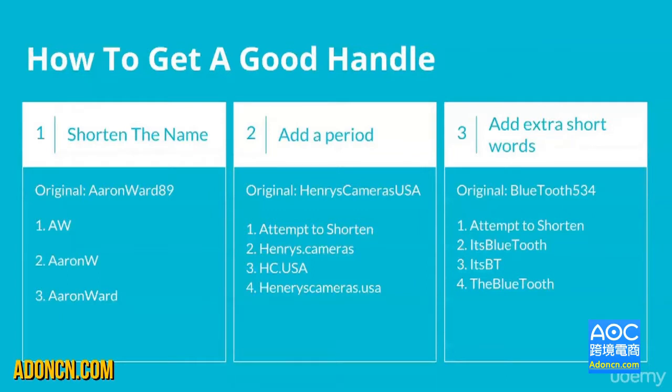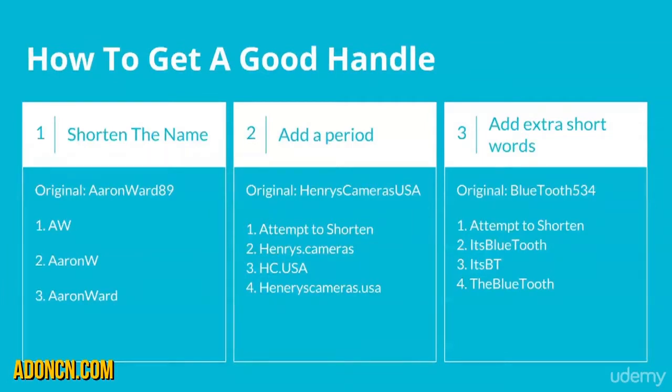Instead of Henry's Cameras, we'd have Henry's.cameras. Other ways to do this would be HZ.USA or Henry's Cameras.USA if they really wanted to include that USA bit, or didn't have the opportunity to just use Henry's Cameras.